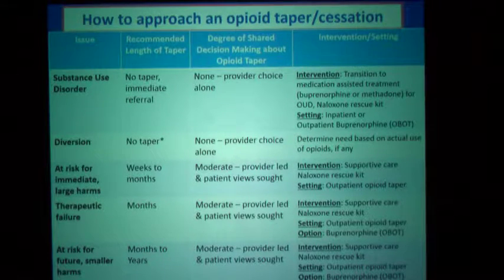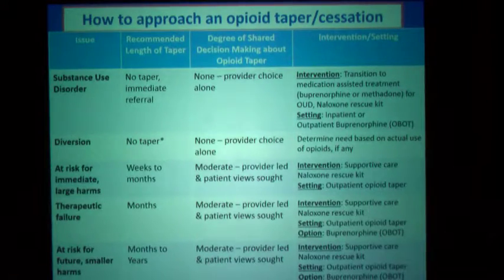It can be alcohol, benzos, stimulants, whatever. There's an ongoing addiction. The patient has loss of control of the use of a substance. Their life is potentially in chaos. Lots of things are going on. What am I going to do? How long am I going to taper them? I'm not going to taper them. I'm going to stop their opioids.